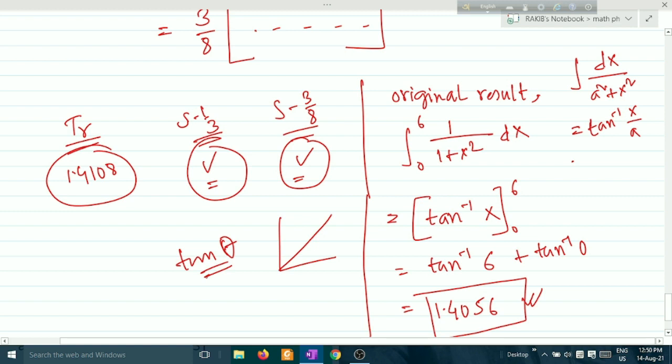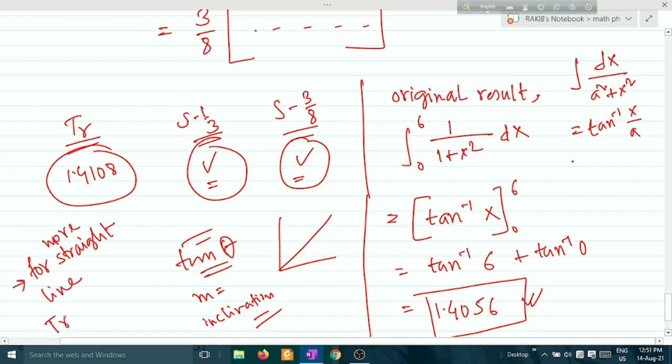Tan theta means m, the inclination, for a straight line. So I am concluding this for straight lines: for more straight lines, the trapezoidal rule will give more accurate results.